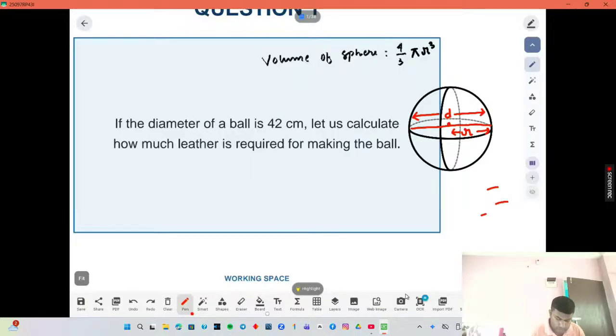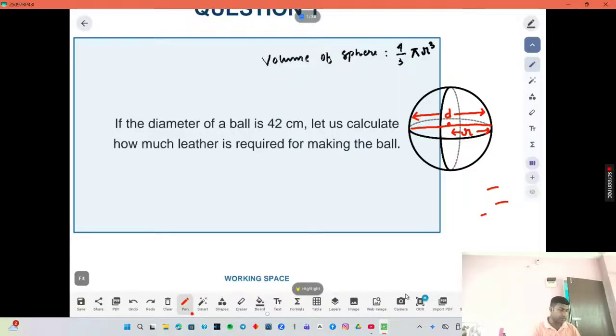Now I will come to this question, and the question is given as: if the diameter of a ball is 42 centimeter, let us calculate how much leather is required for making the ball.